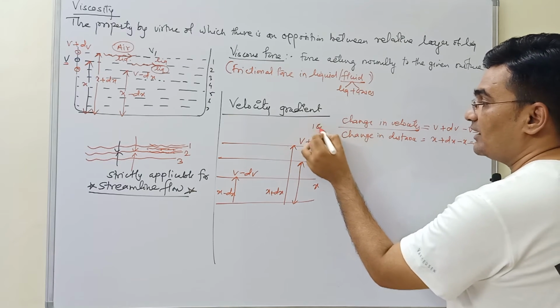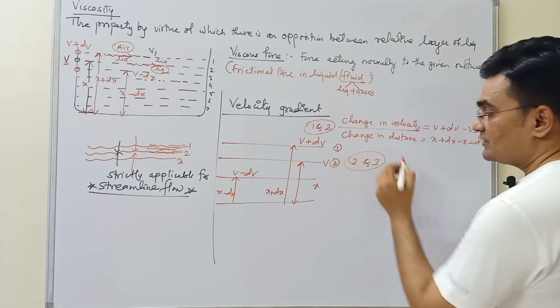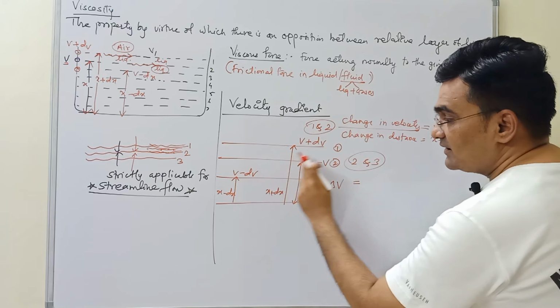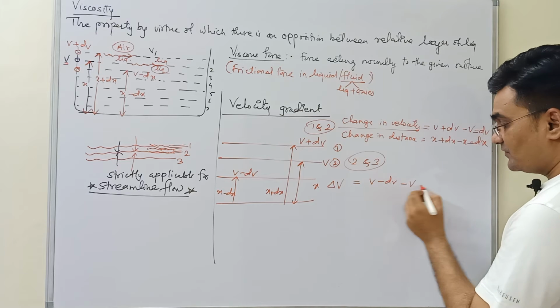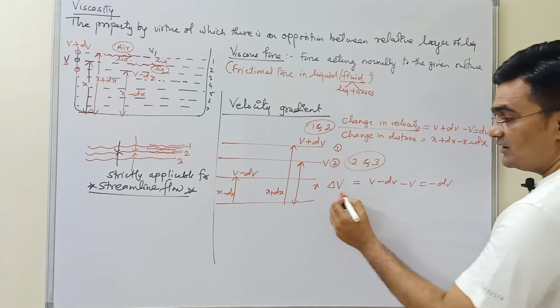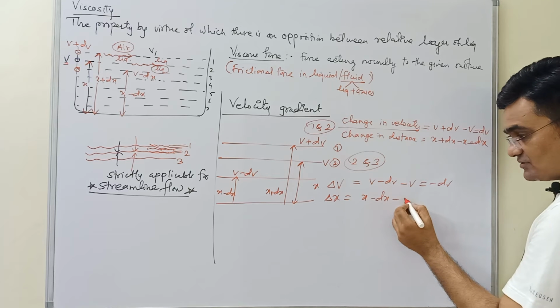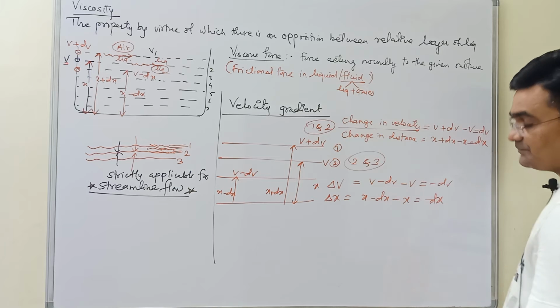Layer 1 and 2. If I find for layer 2 and 3 also, see now, what is delta v, that is the change in velocity? This minus this. So v minus dv minus v, that is equal to minus dv, and delta x, x minus dx minus x, equal to minus dx.